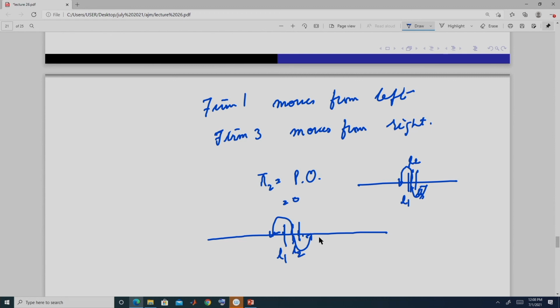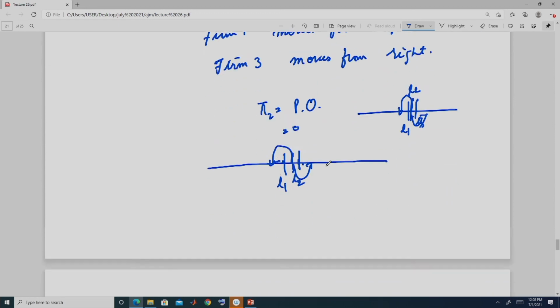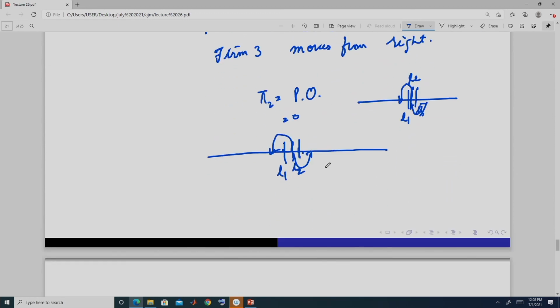So, then again it will try to move. So, what do we get? When we have 3 farms and they choose their locations simultaneously and the price is fixed, then there is no pure strategy Nash equilibrium.